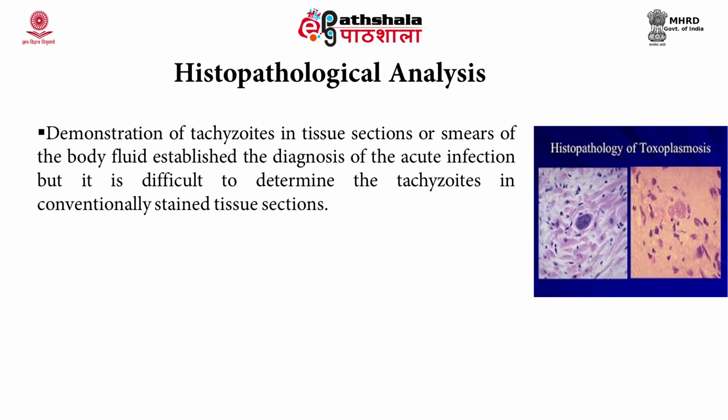In histopathological analysis, the demonstration of tachyzoites in tissue sections or smears of body fluid establishes the diagnosis of acute infection, but it is difficult to determine the tachyzoites in conventionally stained tissue sections.